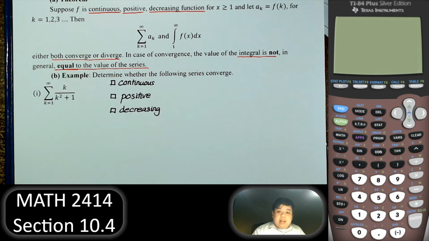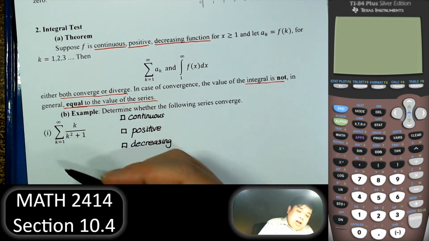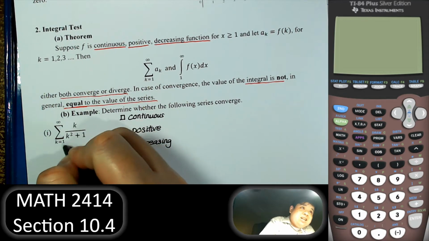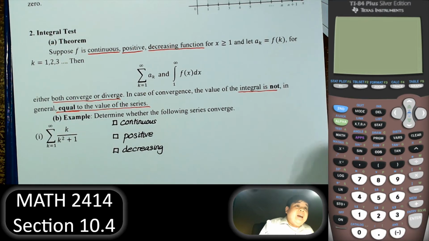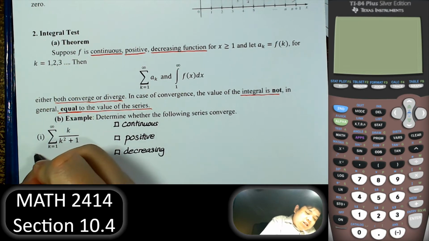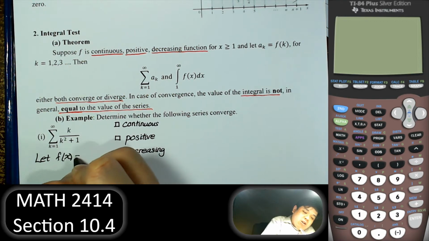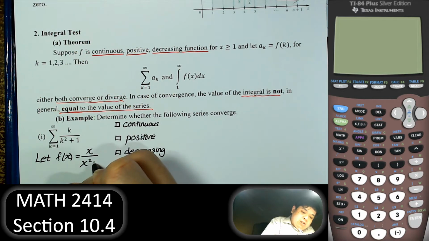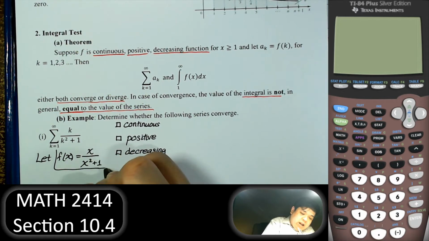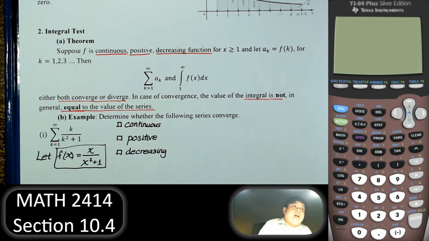Before we do anything, when we check those things, let's let this be the function. Instead of k, let's use x. So we said let f of x be the function. Instead of using k, we use x. So we're going to let f of x equal to that, and we check those three things.